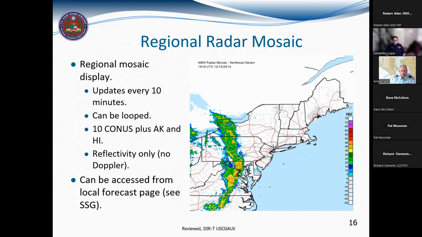It includes reflectivity only. There's no Doppler, and it can be accessed from the local forecast page. Data from individual radars are effectively combined by software to produce this composite display or image. And the 10 here were from the northeastern United States.